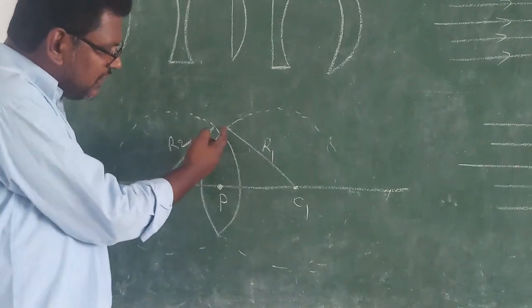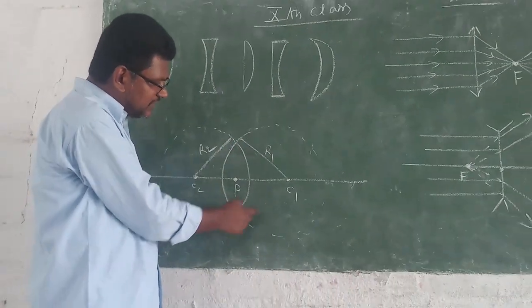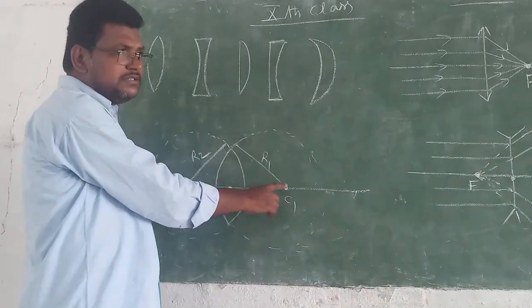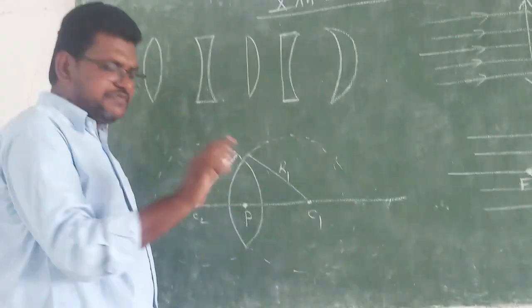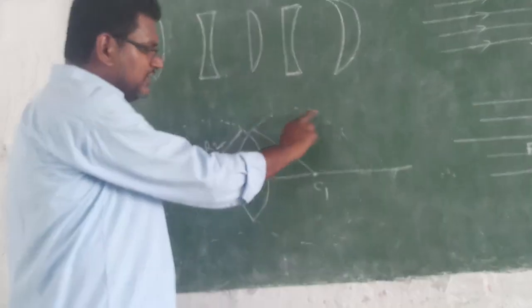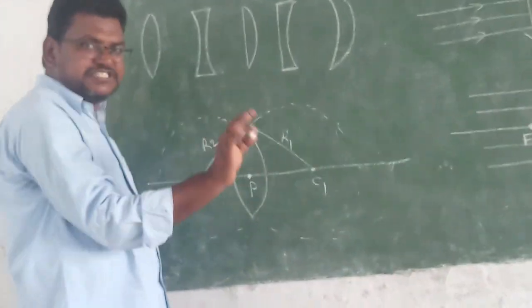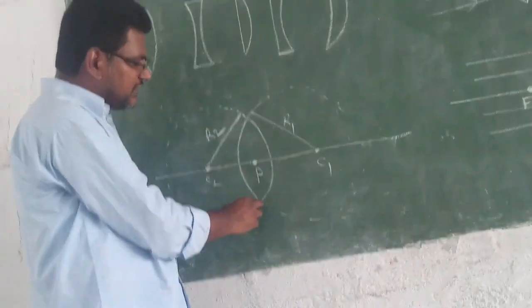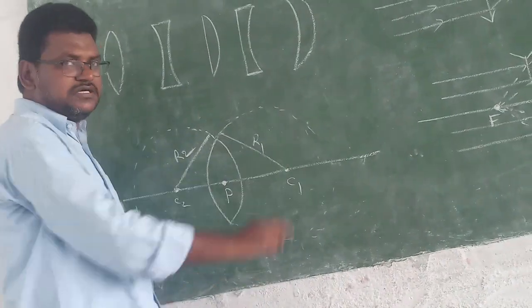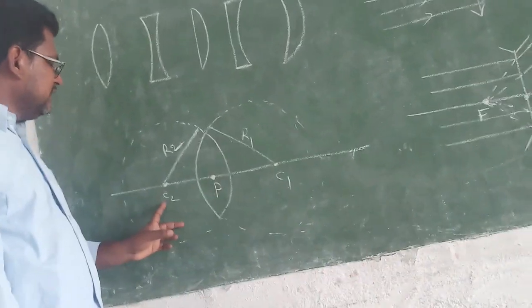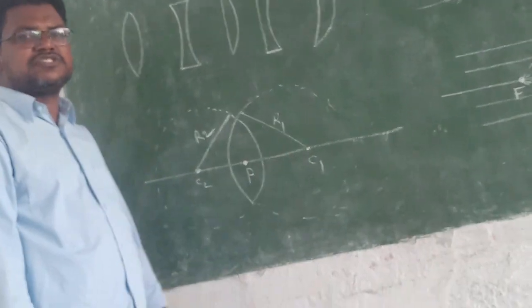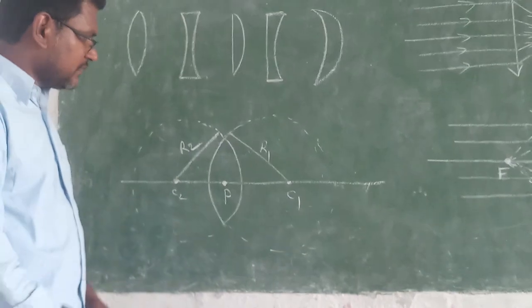The center of curvature is the center of the sphere which contains a part of the curved surface. So here C1 and C2 are the centers of curvature.